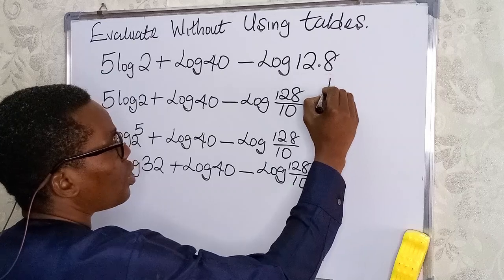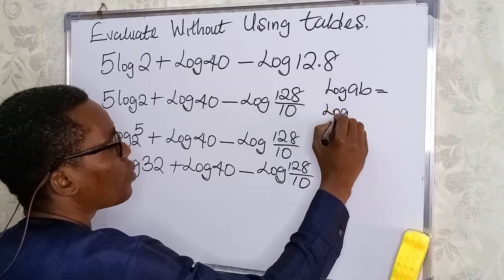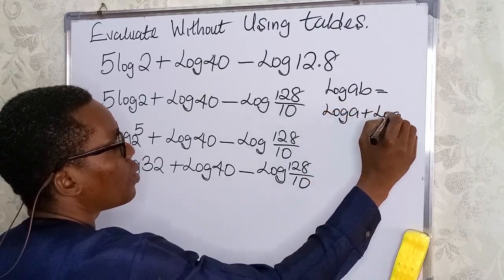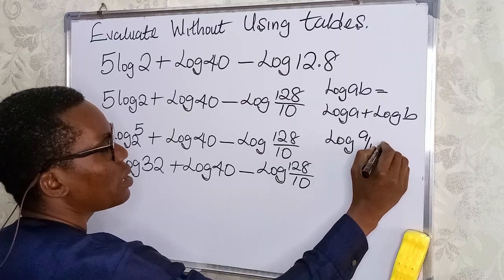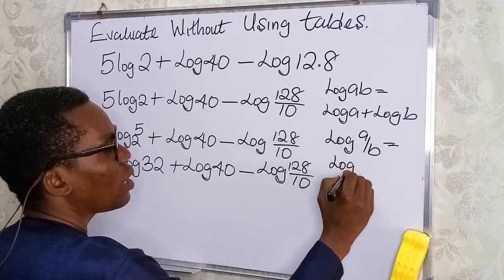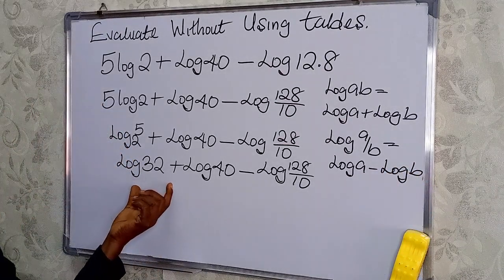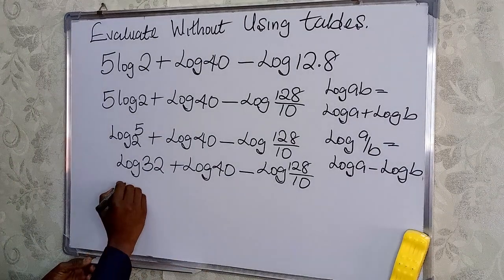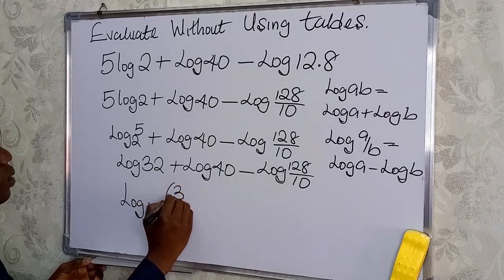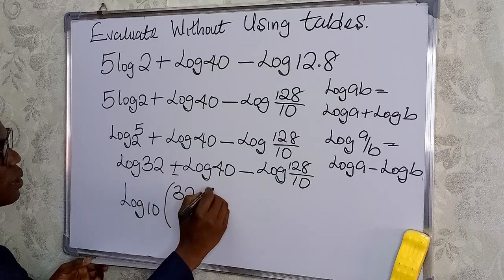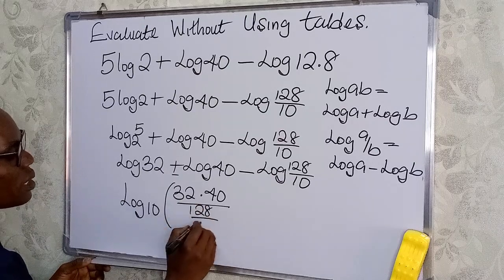In the multiplication law, if you have log AB, this is equal to the log of A plus the log of B. And if we have the log of A divided by B, this is equal to the log of A minus the log of B. Now, if we apply that law to this addition and subtraction, since they don't have any base, we put them in base 10, and this will be log of 32 multiplied by 40, divided by 128 divided by 10.